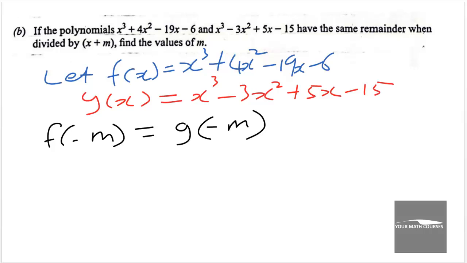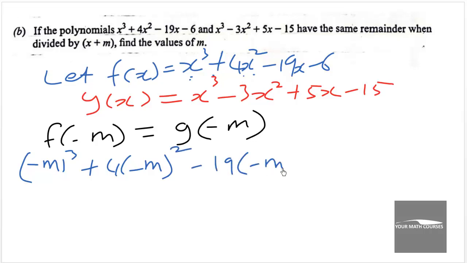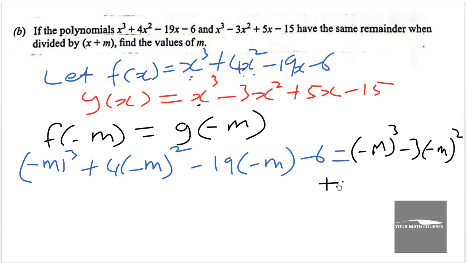So f of -m will be equal to -m cubed plus 4 times -m, whenever we see x in f we put -m, all squared, minus 19 times -m minus 6. And this is supposed to be equal to -m cubed minus 3 times -m squared plus 5 times -m minus 15.